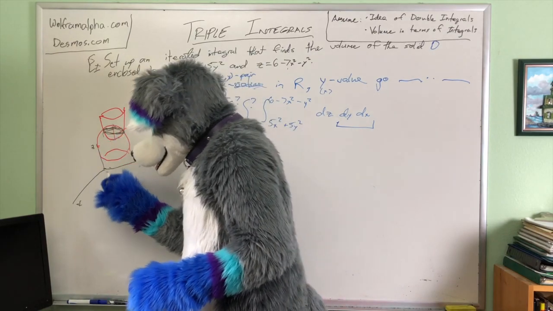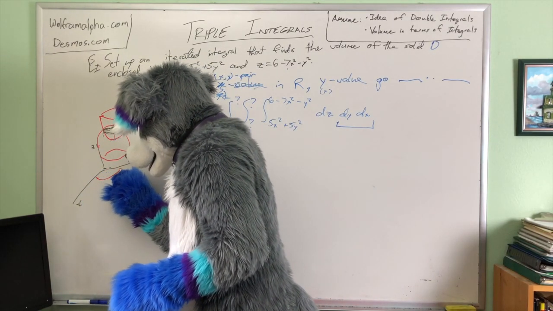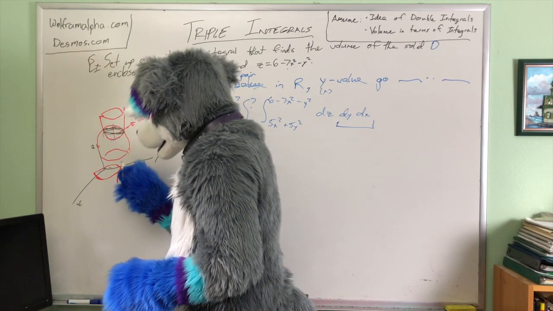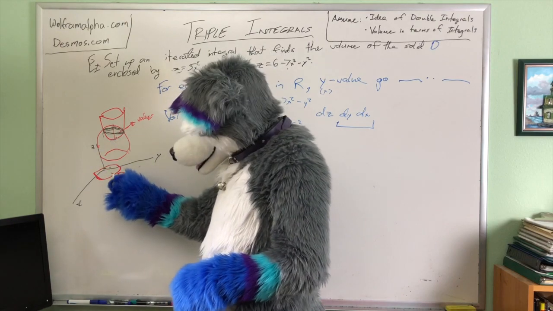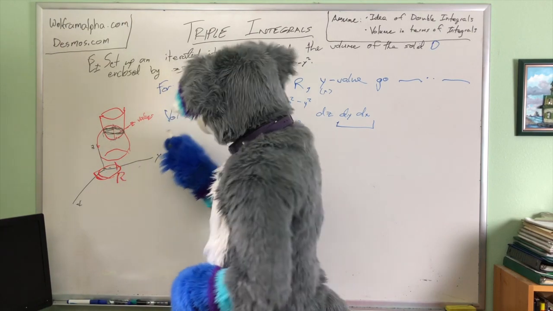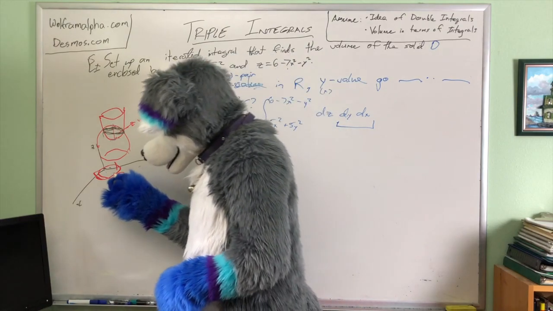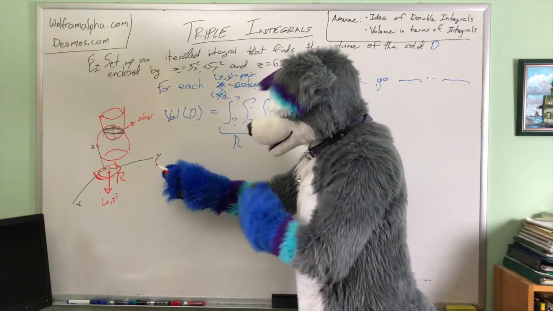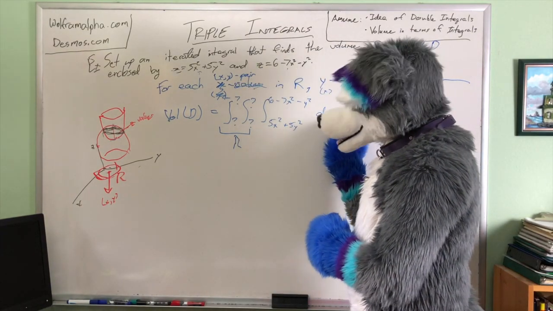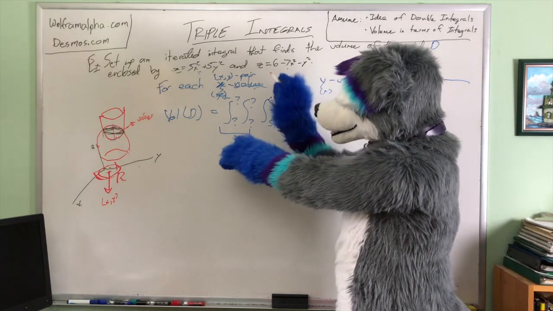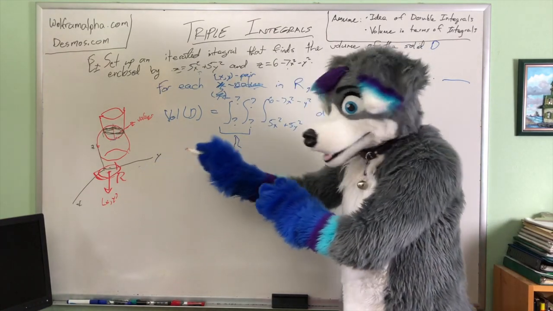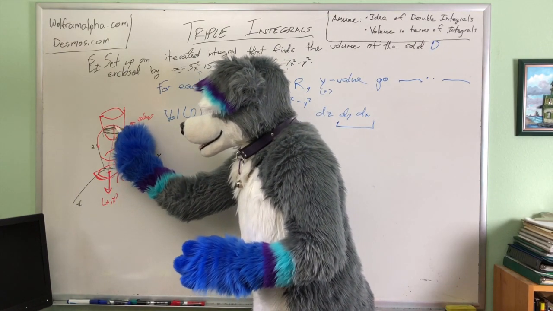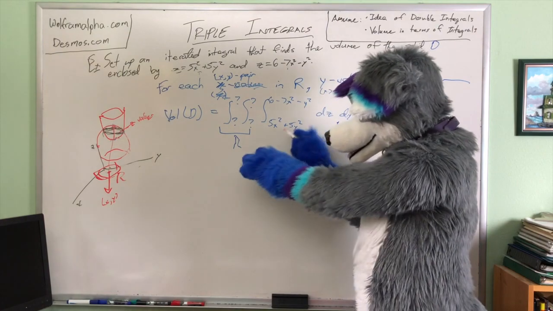This intersection circle, if I look at it here, this is my region R. This black circle is this region R. So my xy pairs are coming from this region. And again, that just emphasizes why these limits are like that. I'm taking an xy pair from my region, and the z values go from here up to there.